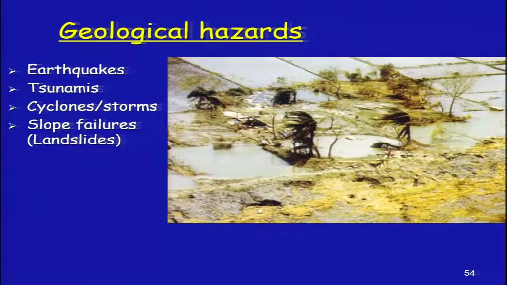Then we have cyclones. This is from Odisha in the 1990s, which was again a very severe storm. Then we have another hazard which we are going to talk about in detail, floods.